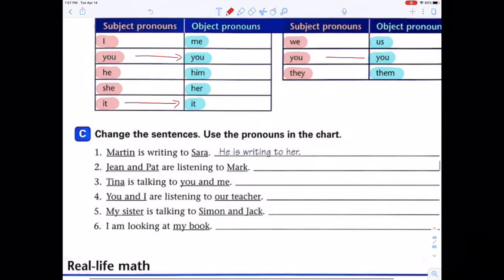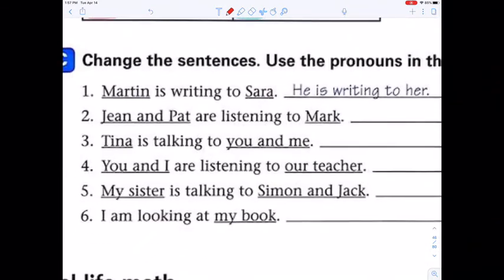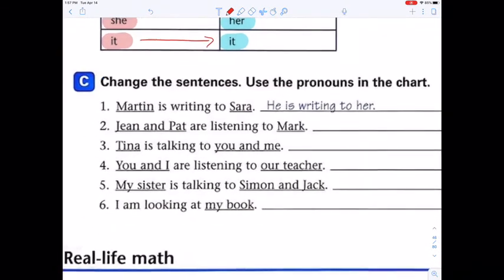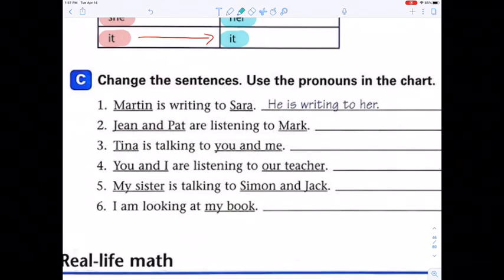So let's do a little work on these sentences here. Let's read the directions first. Change the sentences. Use the pronouns in the chart.